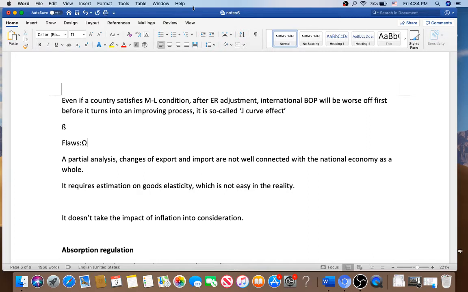The absorption approach is the next one, proposed by J. Meade and Sidney Alexander in 1952, who was employed at the IMF.